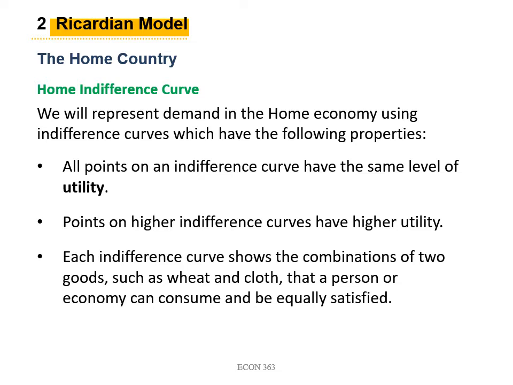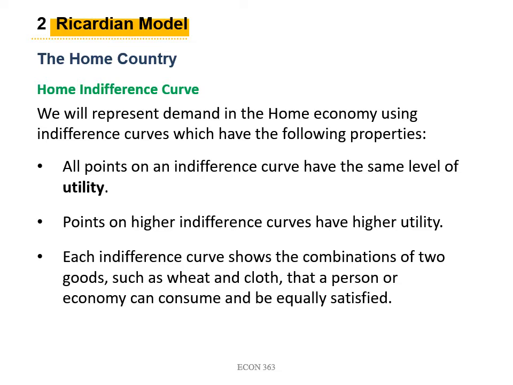Or if there's going to be some of both wheat and cloth, there's an infinite number of options available to you. So you have to have the information about preferences, and that's what an indifference curve is bringing into the model. The good news is the production side is simple.